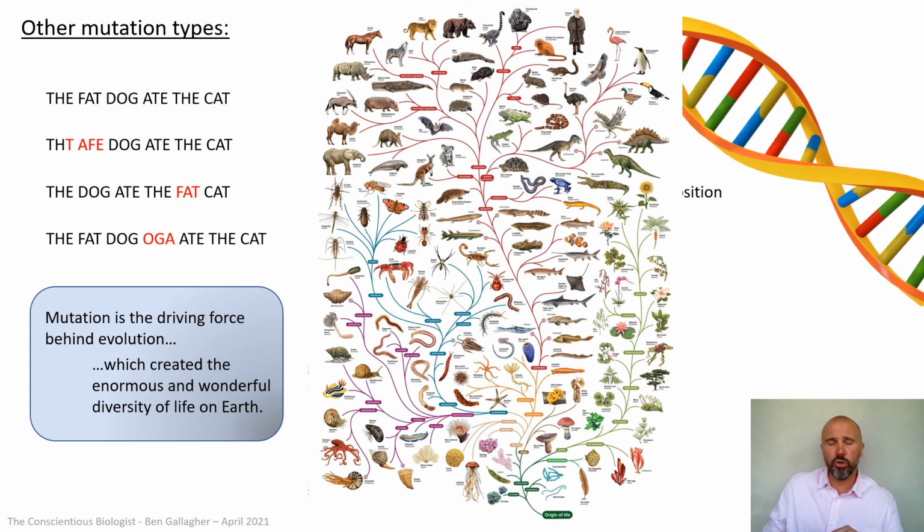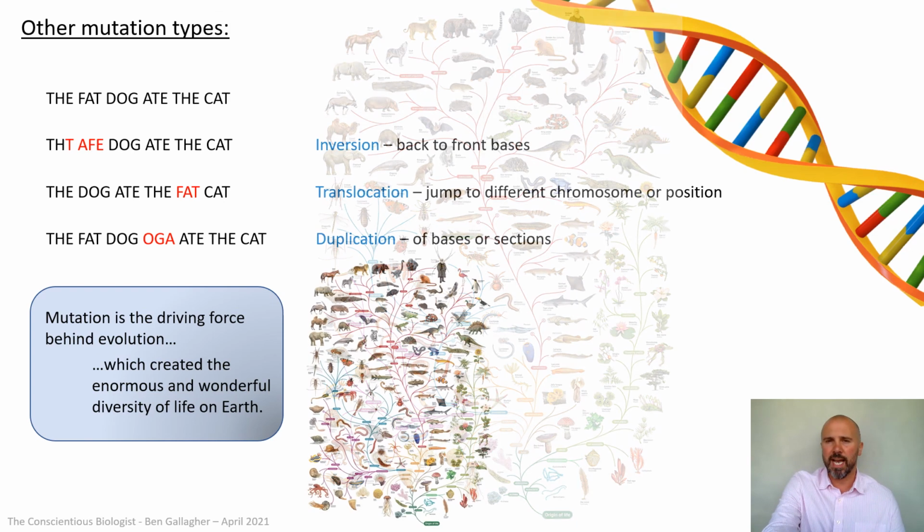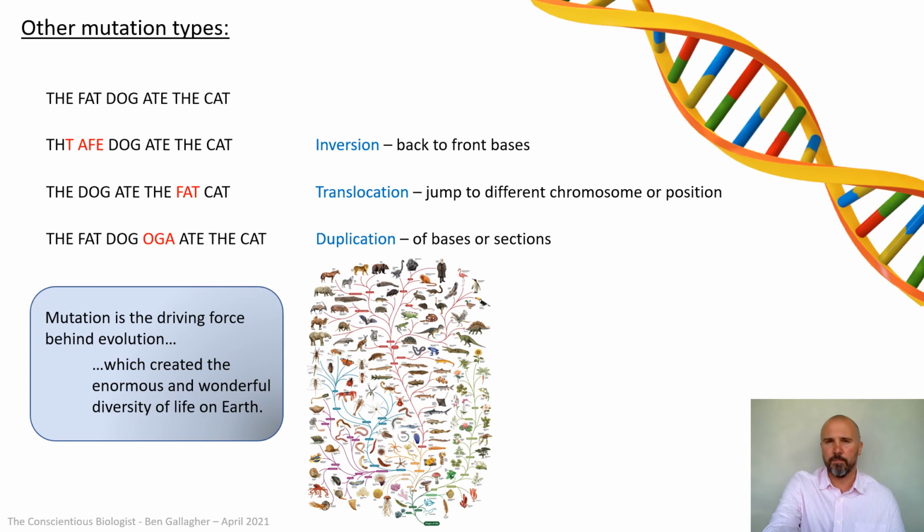Now, we cover a lot more on that when we do the lessons on evolution, when we cover directional selection, sympatric and allopatric speciation, and all those different things. But I just wanted you to see this brilliant diagram to see how much difference evolution has made to life on Earth.